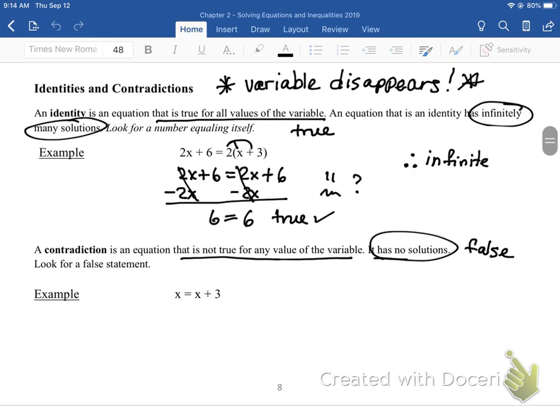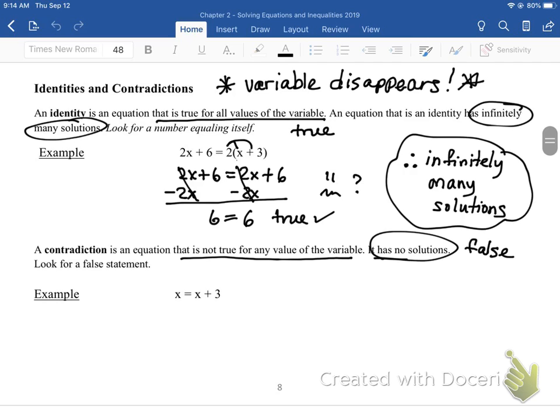That means that no matter what you pick, everything is going to work for x. Every single thing. If I put in 1, for example, 2 times 1 plus 6 is 8. And over here, 2 times 4 is equal to 8. It's going to work regardless. Okay? So this is all you have to write, infinitely many solutions, if you get a true statement.